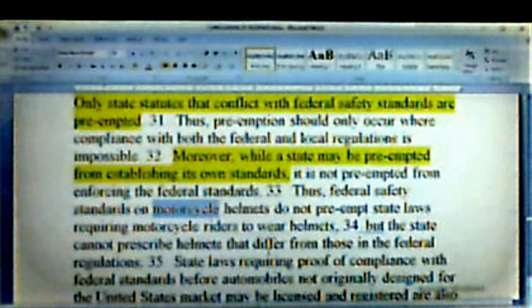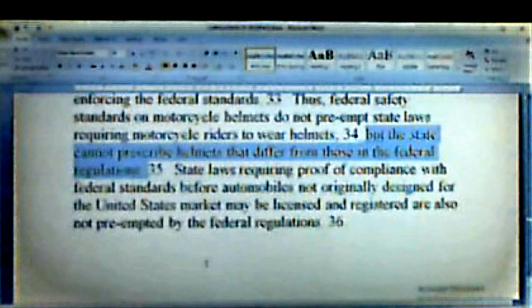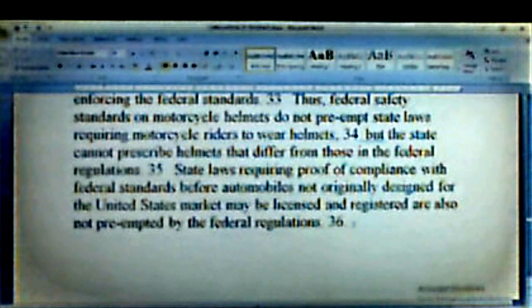It falls away. Right? And it says, but the state cannot prescribe helmets that differ from those in the federal regulations. So even if they could force you to wear a helmet, they can't make you wear one that differs from the federal regulations. If the federal regulation says all you've got to have is one that covers the very tippy top of your head, that's all you've got to have.